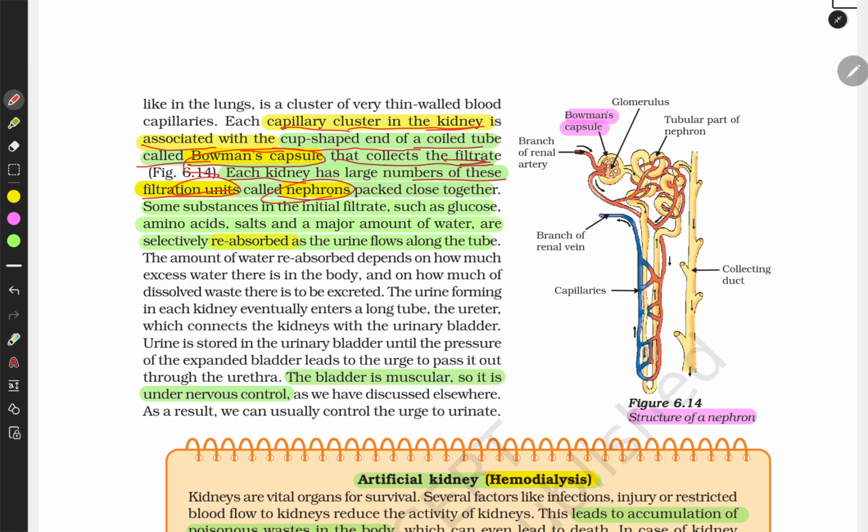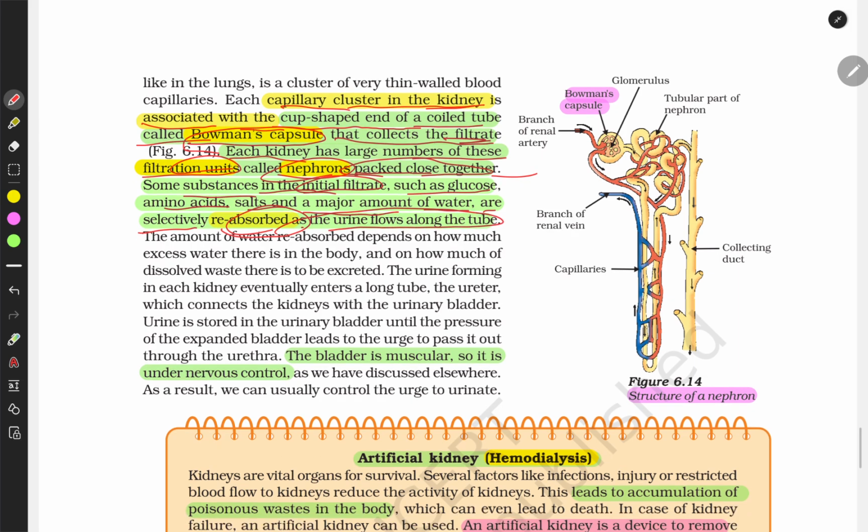So a nephron is a filtration unit in the kidneys, packed close together. Some substances in the initial filtrate, such as glucose, amino acids, salts, and a major amount of water, are selectively reabsorbed as the urine flows along the tube.